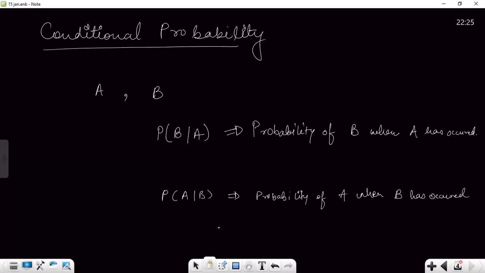Let me read the definition from the book, and let me write it also for you.